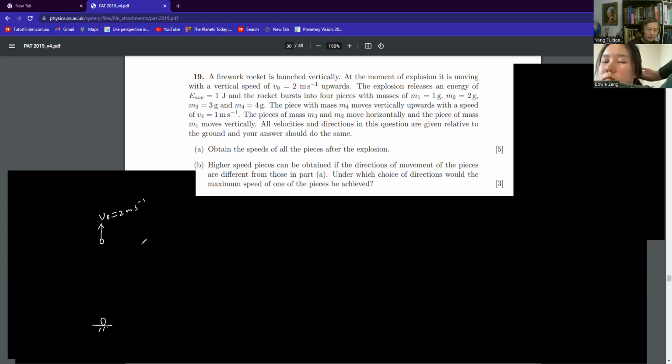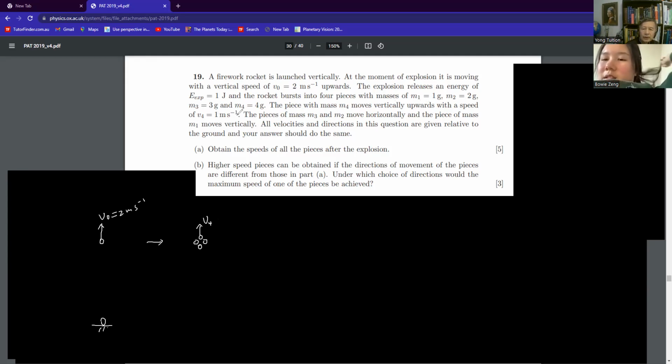After that, it becomes 4 pieces. The piece with mass 4 moves vertically upward, so this velocity 4, right?